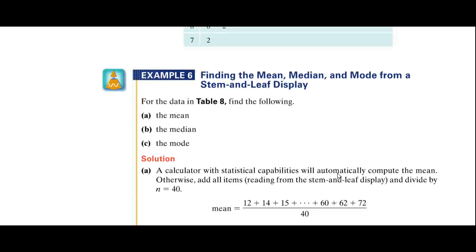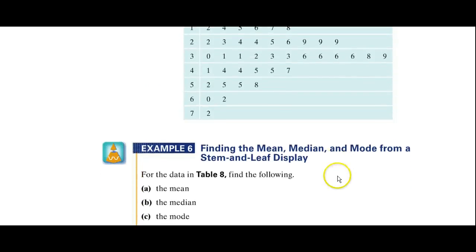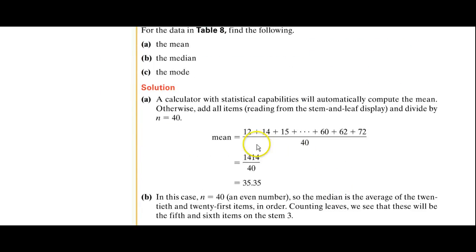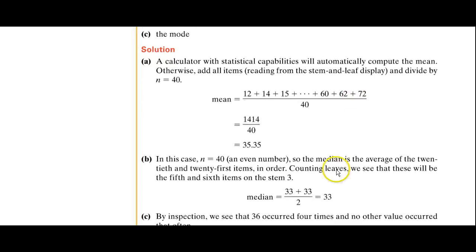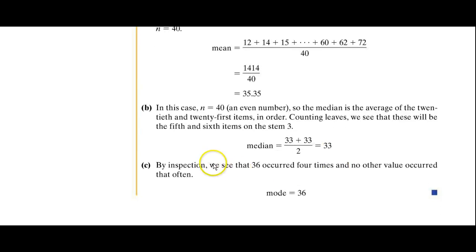And then as you inspect your data, once you multiplied, you would see that 36 occurred 4 times and no other value occurred that often. You would get the mode of 36.